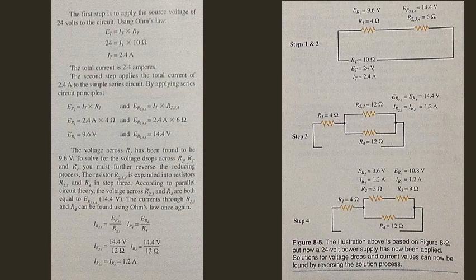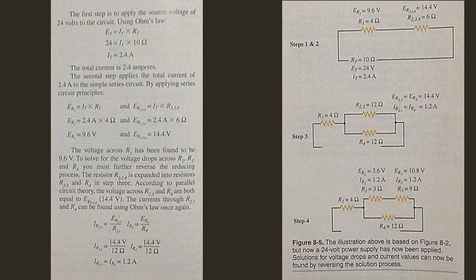The second step applies the total current of 2.4 amps to the simple series circuit. By applying series circuit principles, voltage R1 equals current total times resistance 1, and voltage drop at R234 equals current total times the resistance of R234.